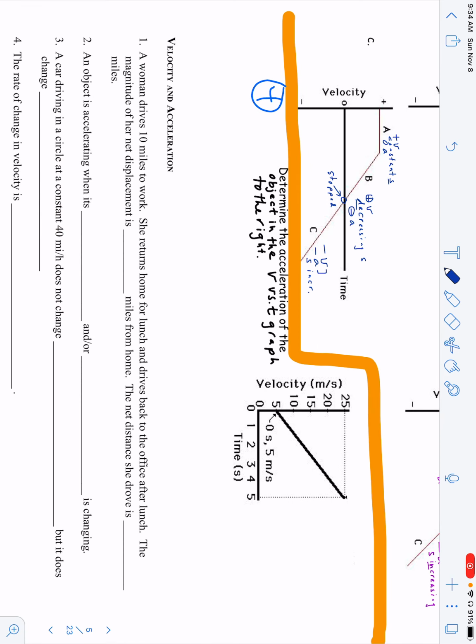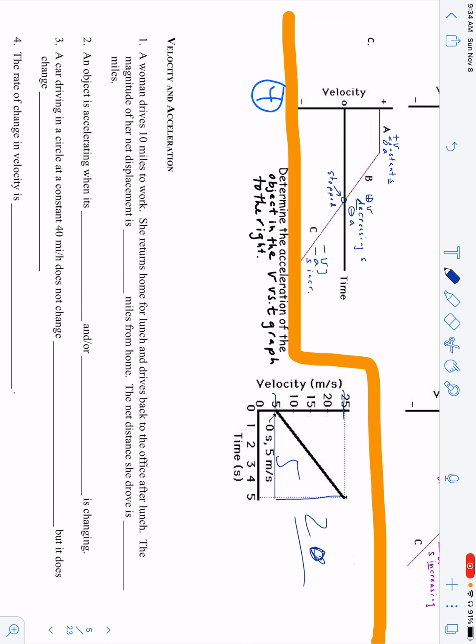So it's a slope, but be careful. The rise is 25 minus 5. So it's 20. Don't say it's 25. That's a big mistake people make on my test. 20 is the rise, 25 minus 5. And then the run is 5.